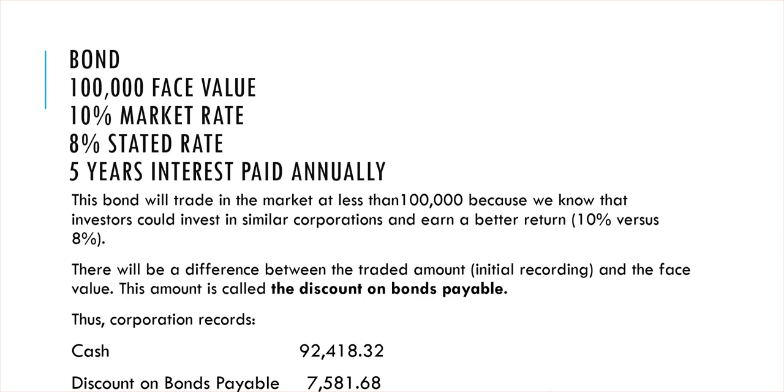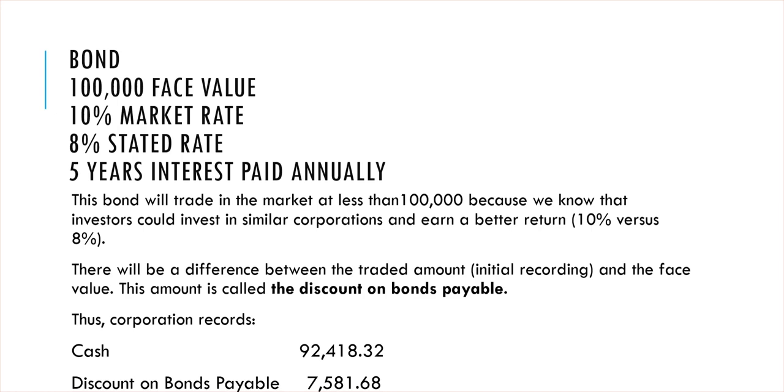Apologize, you can't see the very bottom of the journal entry on here, but the bottom is a credit to bond payable of $100,000. So here we have $100,000, 10% market, 8% stated, 5 years interest. It's very important that we say paid annually, because I said before that means that our periods is going to be 5.